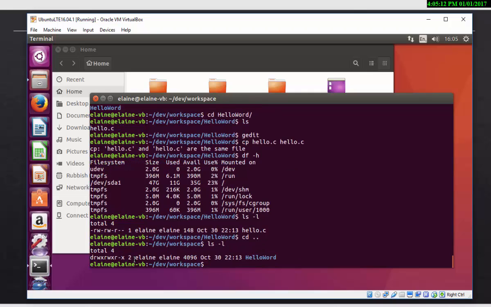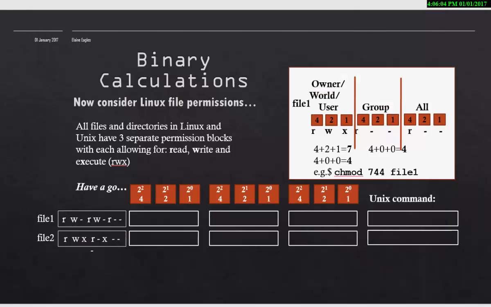ls -l to give me a listing of the directory. So you can see RWX, RWX, R something X. And you can use binary to set the permissions for these blocks. So 1, 2, 4, 1, 2, 4, 1, 2, 4, which represents 2 to the power of 0, 2 to the power of 1, 2 to the power of 2.